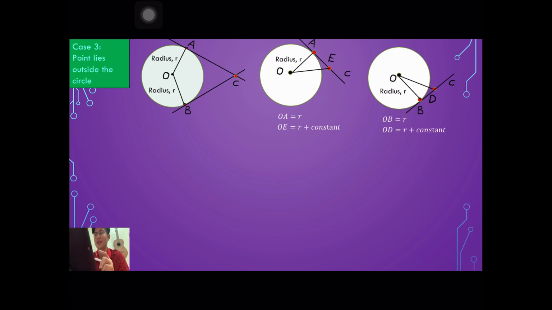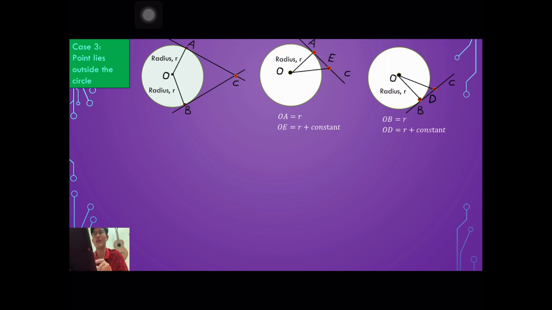Point B is the closest point on line BC to the origin of the circle, which is also just a radius away. So, it is a fact that point A and point B are the closest points on line AC and line BC to the origin of the circle.